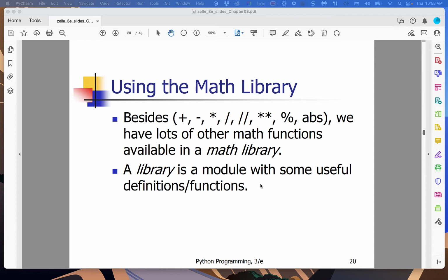So this may be the first library module or package that we're learning how to import and use in the Zelle text. Okay, math.